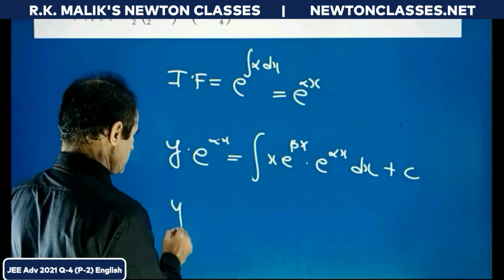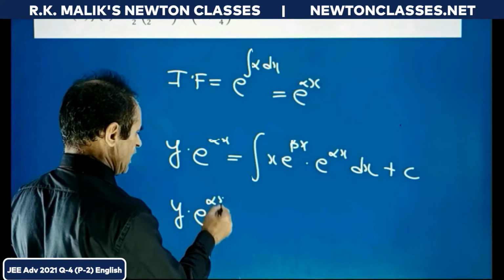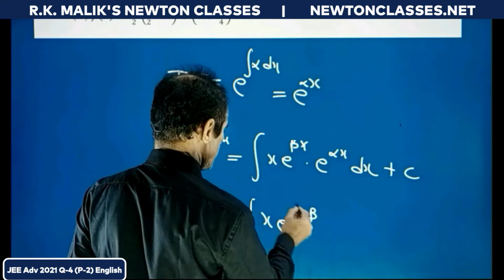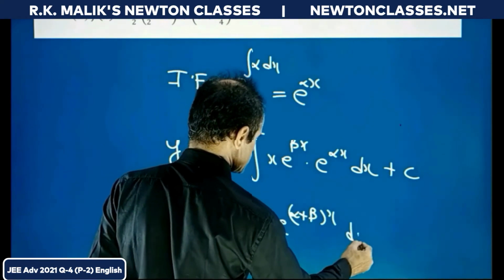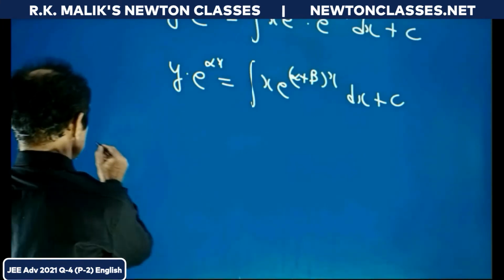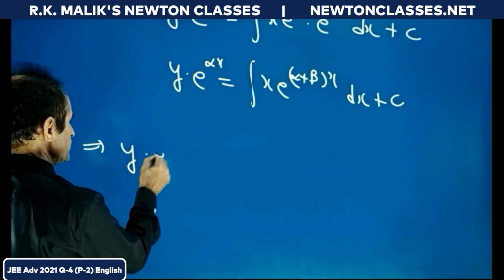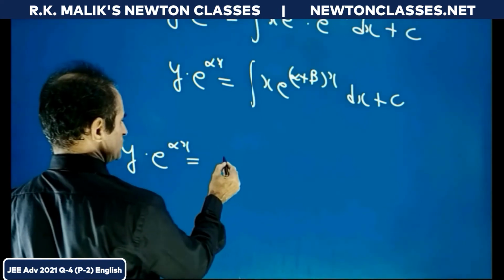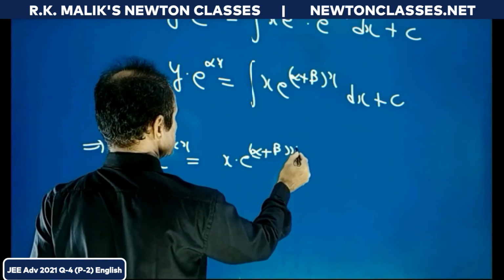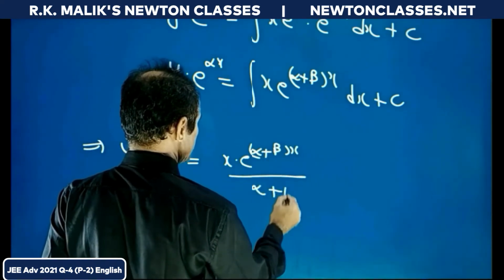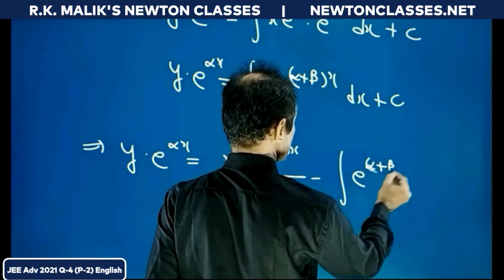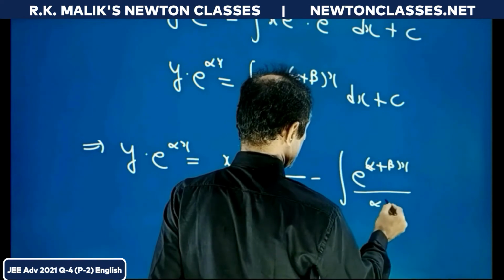And after this, y into e power alpha x is equal to the integral of x e power alpha plus beta into x dx plus c. And this means y into e to power alpha x is equal to x e to power alpha plus beta into x, I'm integrating by parts, minus e to power alpha plus beta into x upon alpha plus beta.